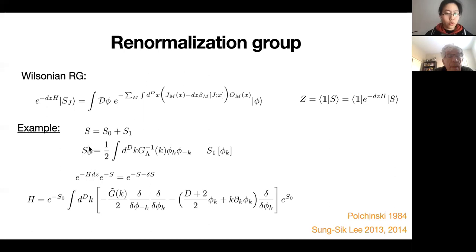Since we do the RG transformation to modify this whole deformed action, we can easily work out the generator for this transformation. It looks like this. It's a formula that depends on the fundamental field phi and also the derivative of phi. So it's not a Hamiltonian, right?